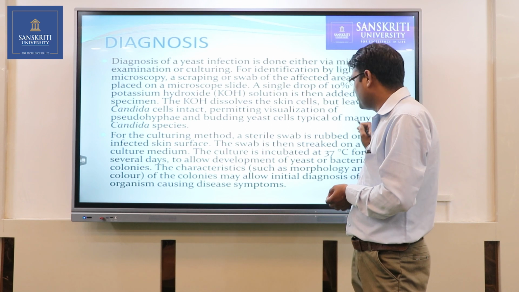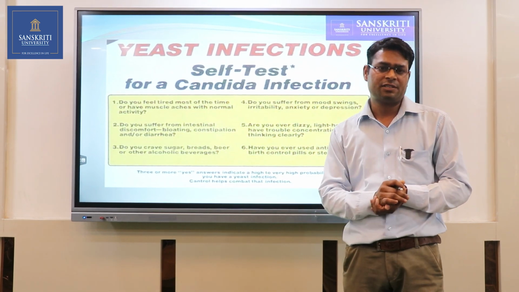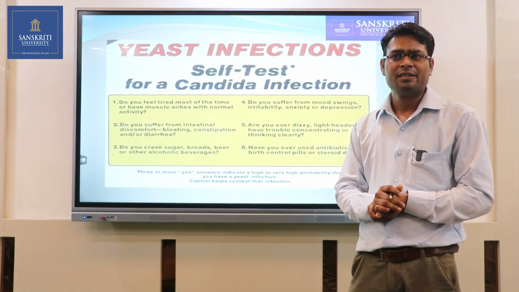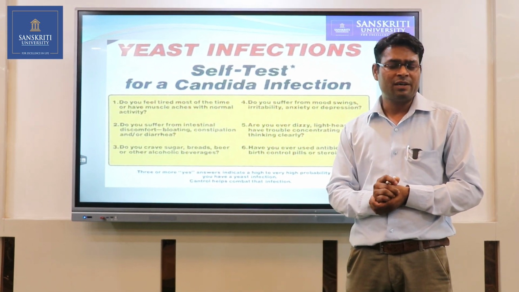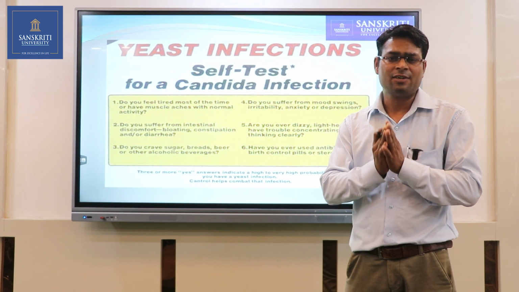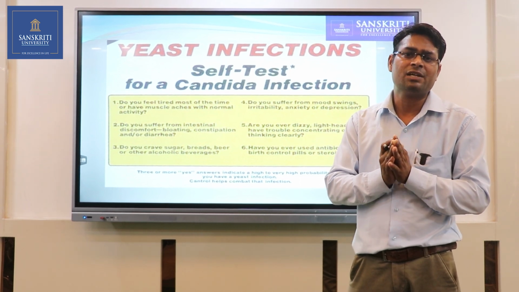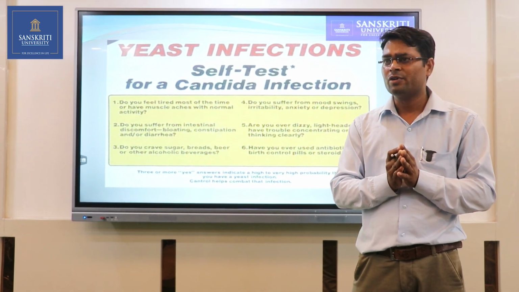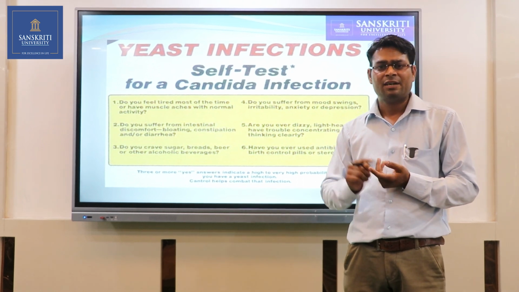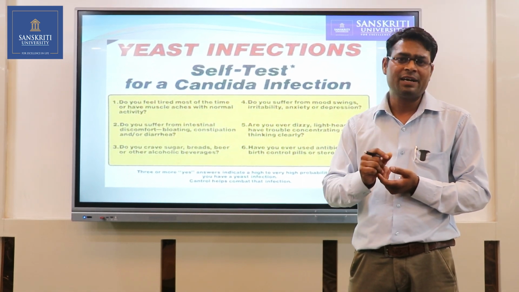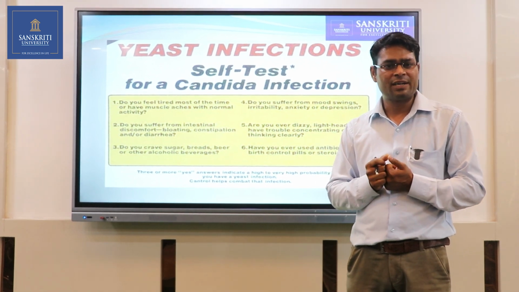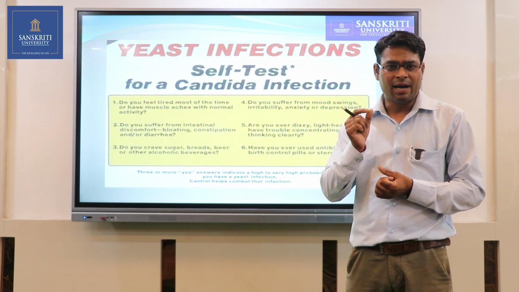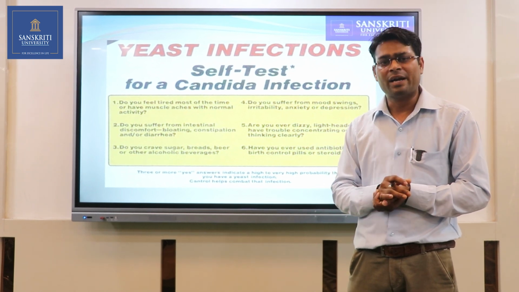When we use KOH, potassium hydroxide mounting, potassium hydroxide is responsible for the degradation of all types of animal cells or animal tissues. So after applying the KOH, only Candida albicans, the fungal causative agent, can be isolated and visualized under the microscope.